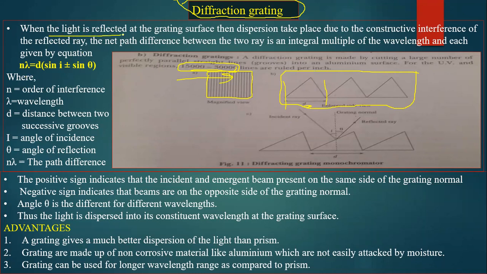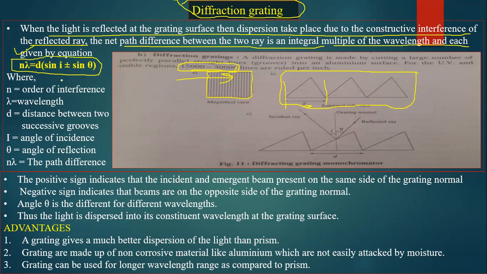when light is reflected at the grating surface? Then dispersion takes place due to the constructive interference of reflected rays. The net path difference between the two rays is an integral multiple of wavelength, and is given by the equation n lambda = d (sin i ± sin theta).